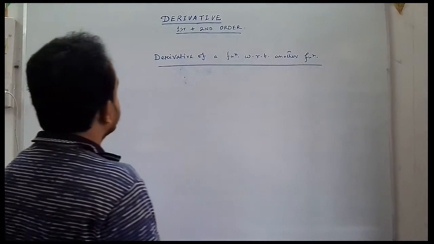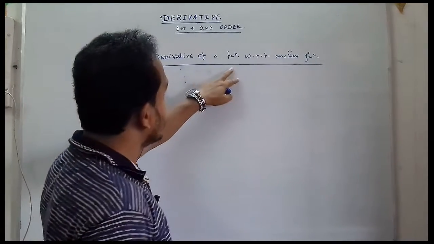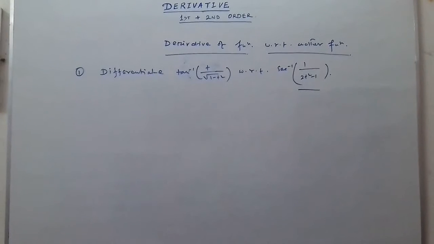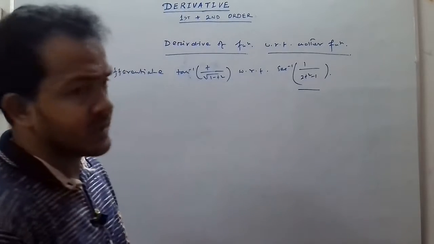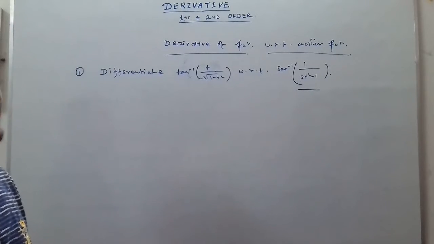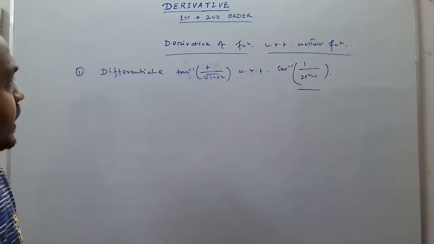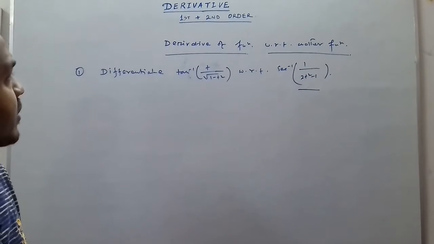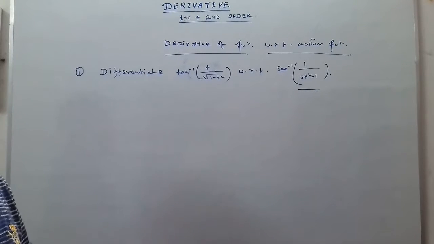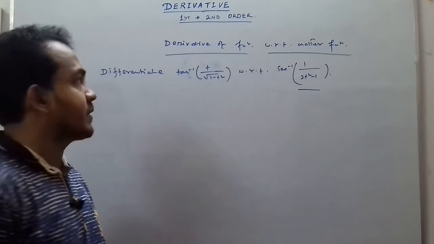First of all, we start with the derivative of a function with respect to another function. Today I shall differentiate a special type of function with respect to another function.